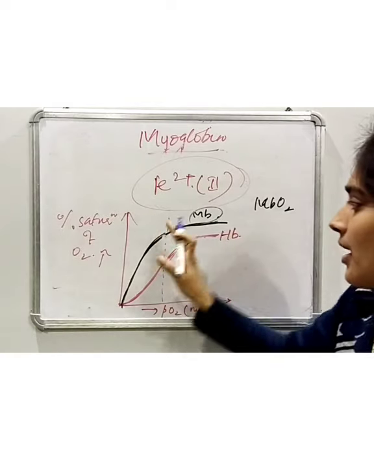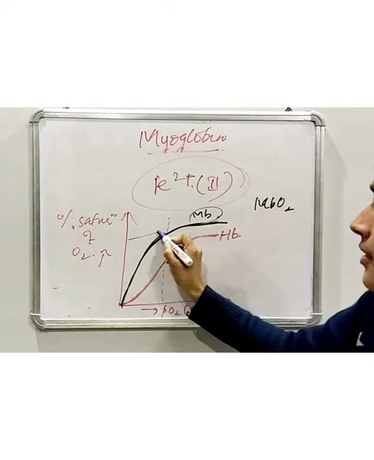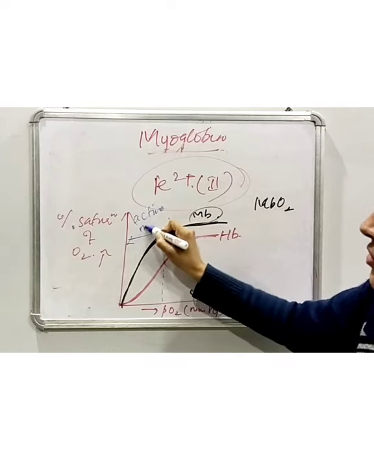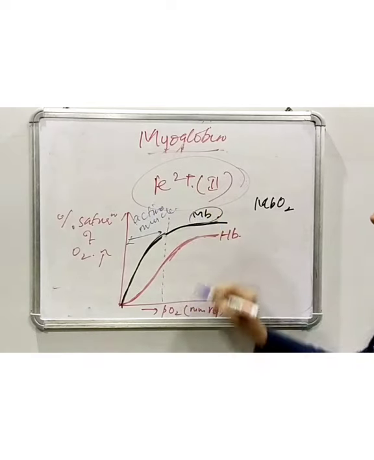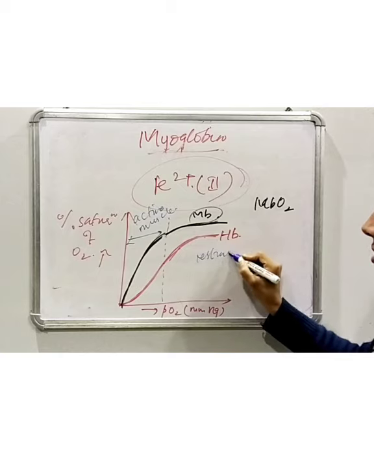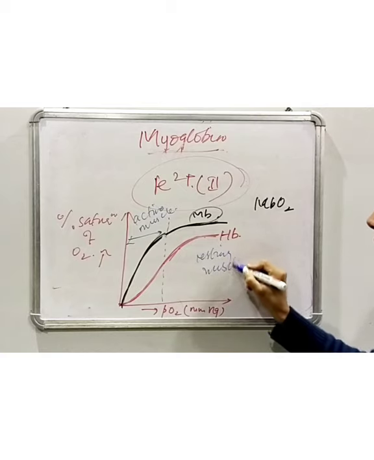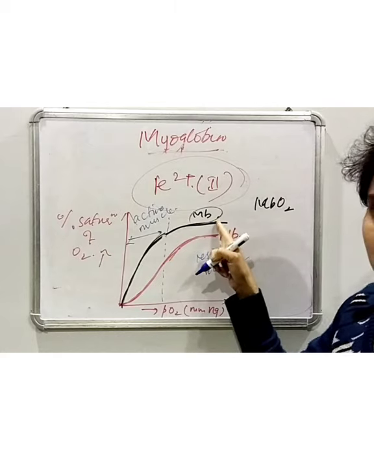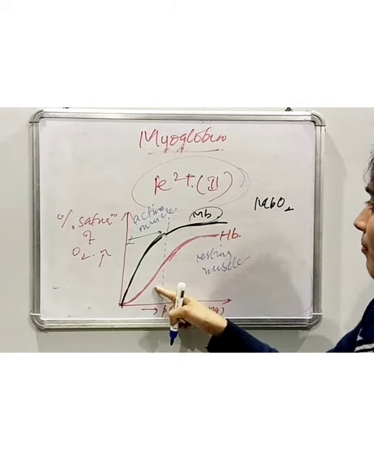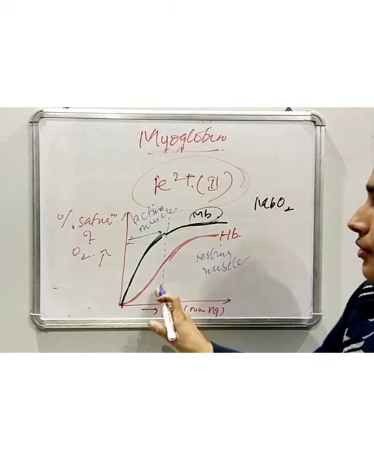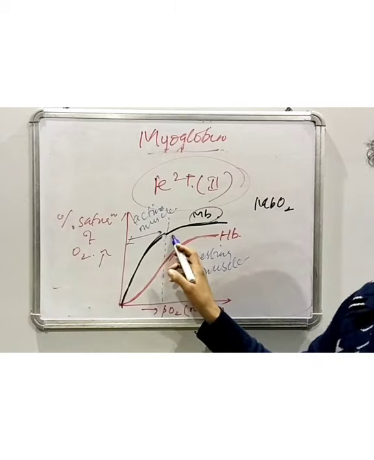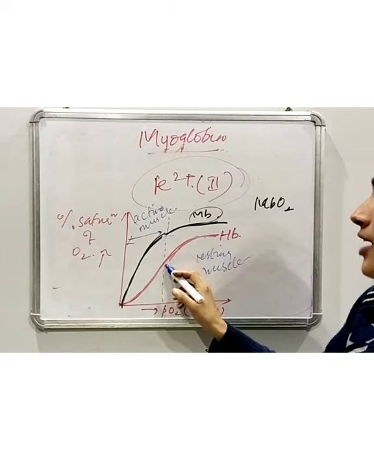This part is when the muscle is in an active state. So this is active muscle and this is resting muscle. This is the curve formed between myoglobin bound to oxygen and hemoglobin bound to oxygen. So more oxygen is supplied by myoglobin because hemoglobin is not that sufficient.